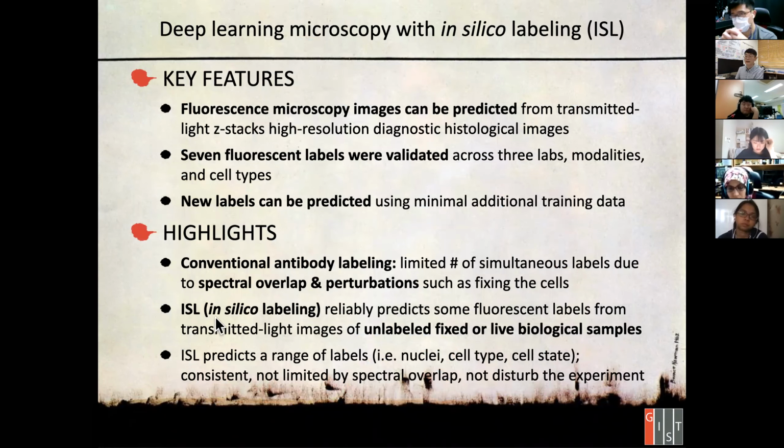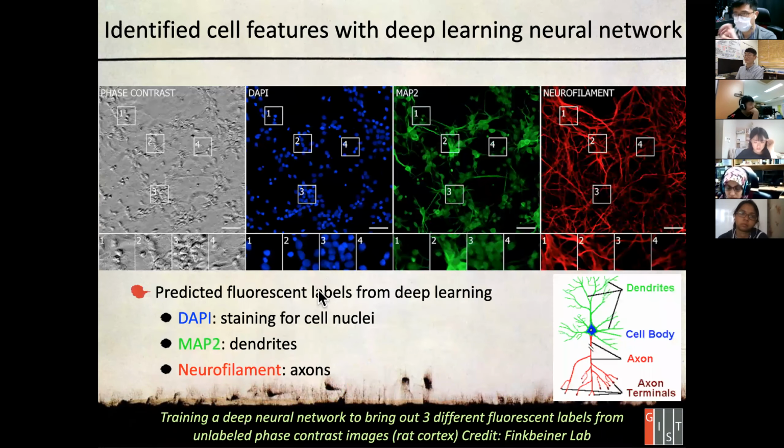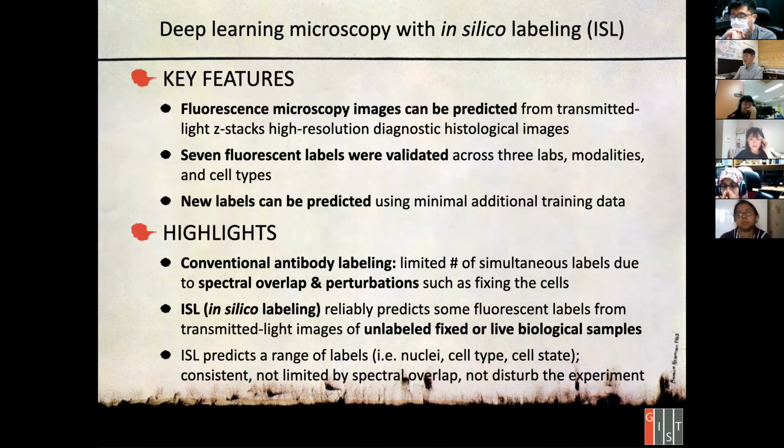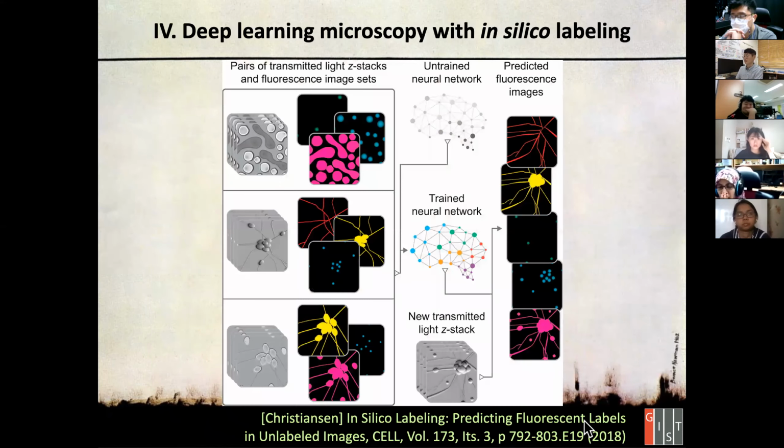We call it in silico labeling, which means you don't even need to label the system. So these are the results, and the computer, from this pure no-contrast image, can separate DAPI, the nucleus, and dendrites and axons, which is phenomenal. That's why it came out in a Cell paper in 2018.